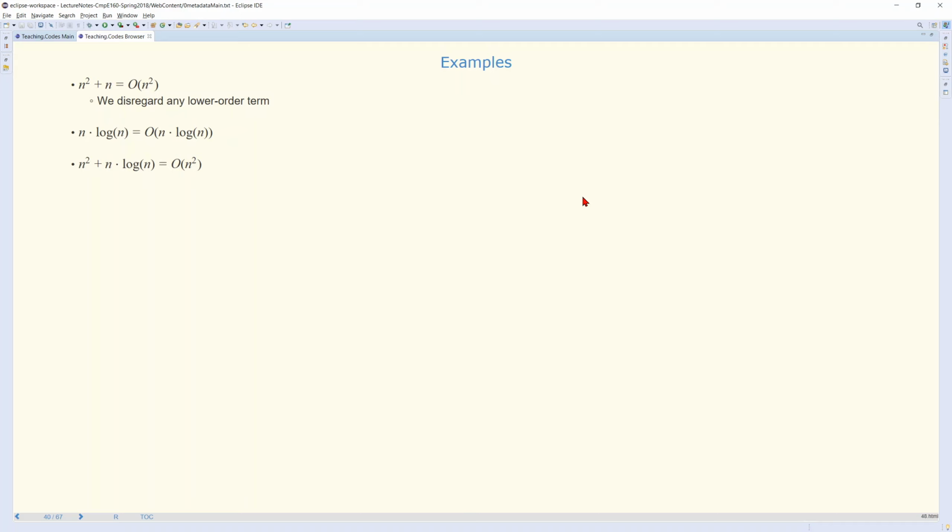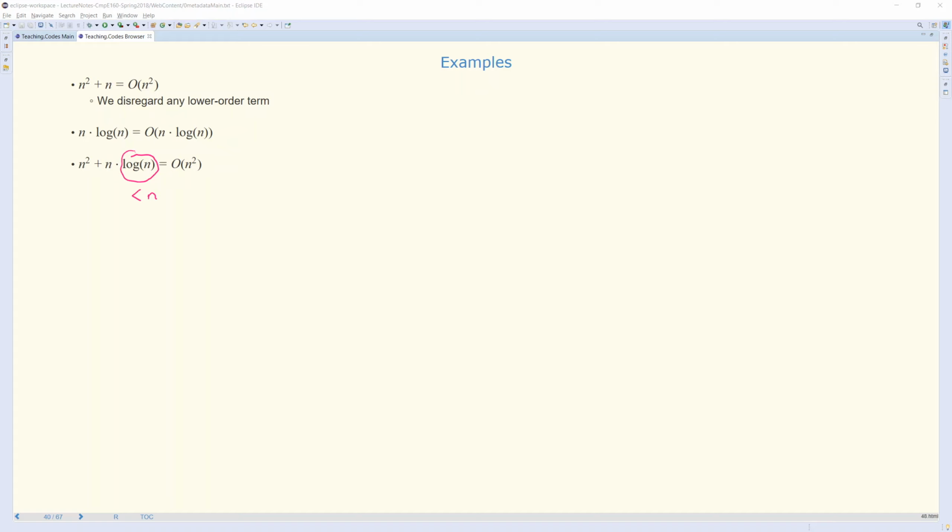And if we have n squared plus n times log n, now you should scratch your head. You're going to merge several pieces of information here. What we first need to remember is log of n is less than n, because logarithm grows slower than n.